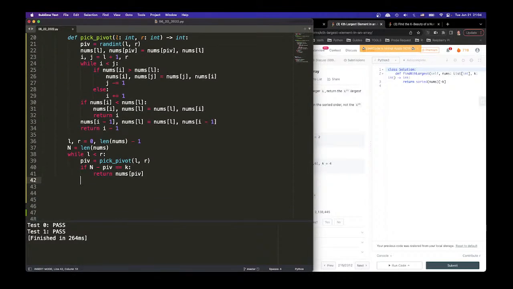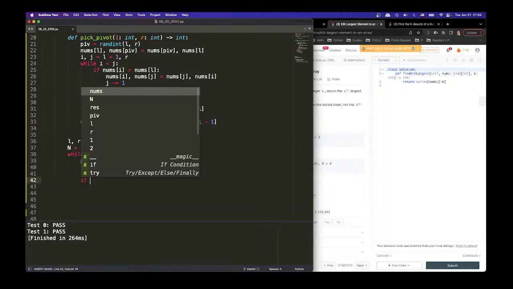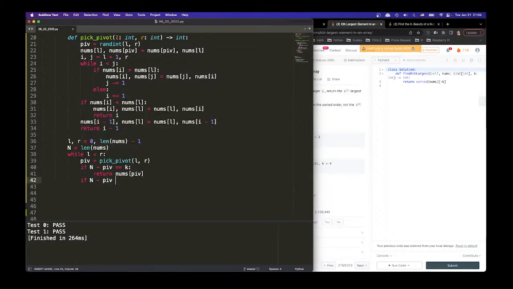Otherwise, if n minus pivot larger than k, so pivot is too small.